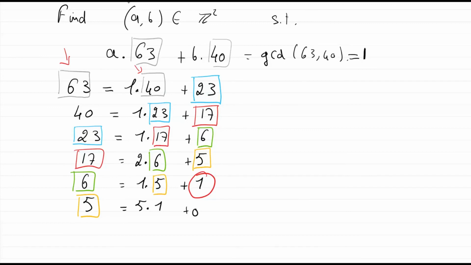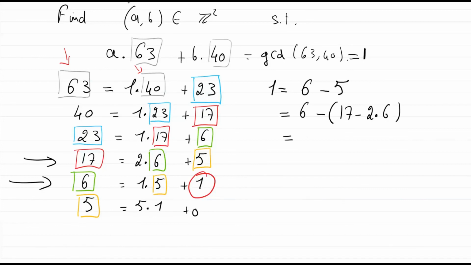So in the first step I write 1 is, using this equation, 6 minus 5, which is 17 minus 2 times 6. And now this is negative 17 plus 3 times 6. And you don't want to make the calculation here, because of course if you do it you'll get 1. 3 times 6, you keep it as 3 times 6, you do not write it as 18. Why? Because it's needed in the next step.